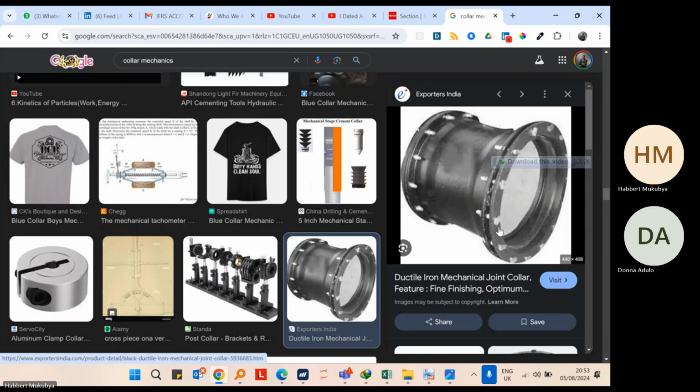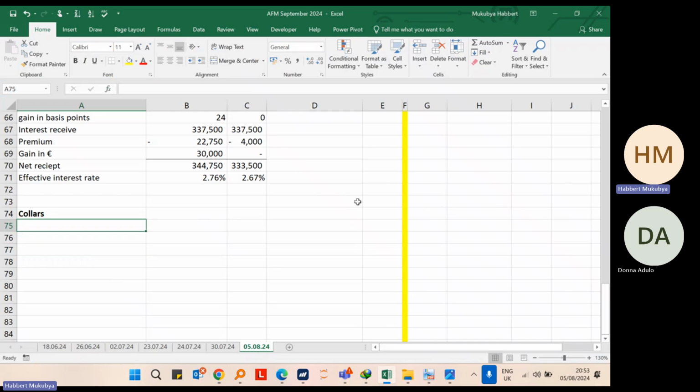It basically has a bottom and also a top. But in interest rates, the way we look at a collar is that a collar is going to set both the maximum and the minimum interest. So that's what a collar does. A collar sets both the maximum and minimum interest.